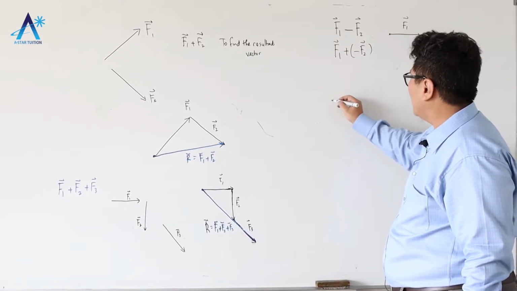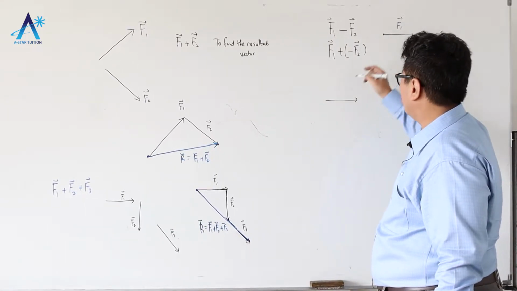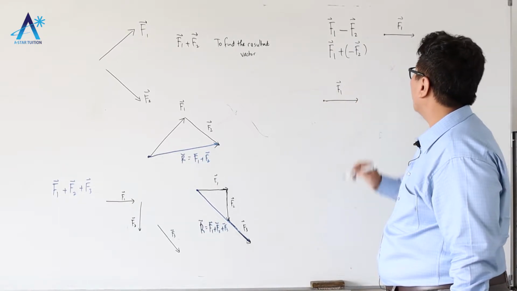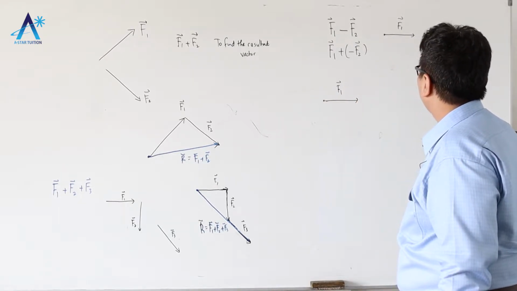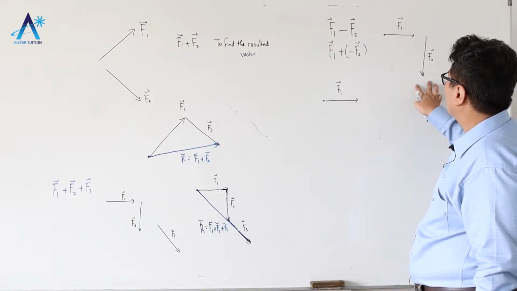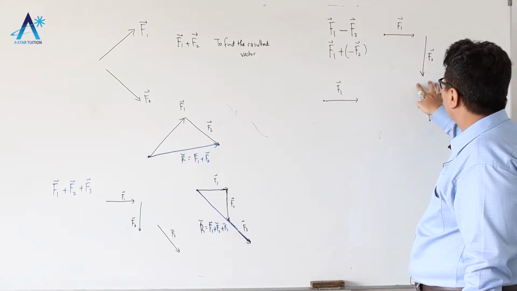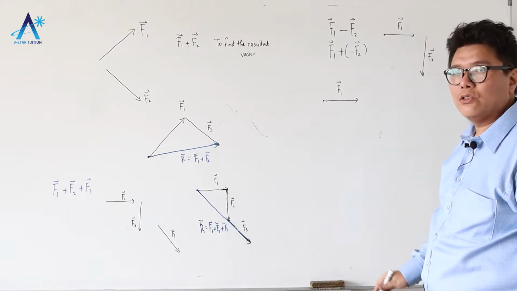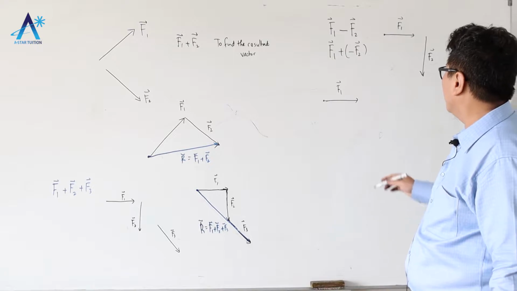So if F1 is drawn like this, then minus F2 is drawn exactly like this, but instead of directed downward, it's actually directed upward. So like this.